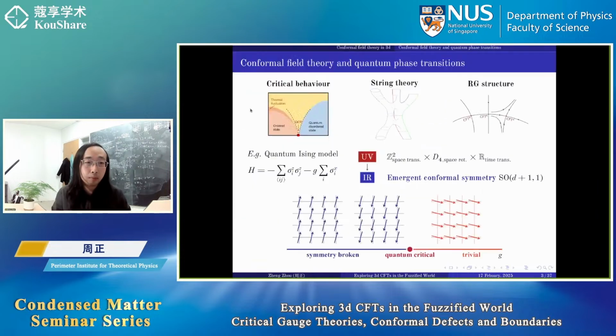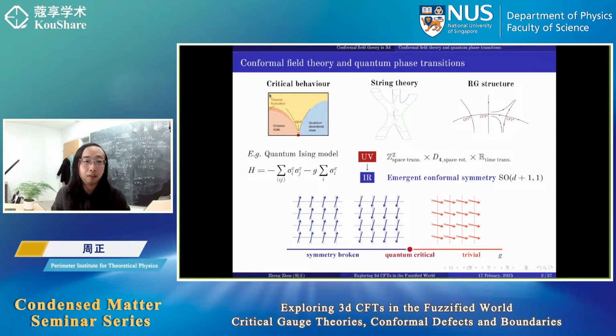As a brief introduction, conformal field theory has been one of the central topics of modern theoretical physics. In condensed matter, it is used to describe critical behavior. In high energy, for example in string theory, it is used to describe the 2D worldsheets. Moreover, it reveals some fundamental structure of quantum field theories, for example the renormalization group flow.